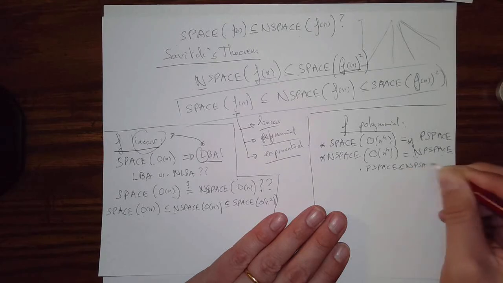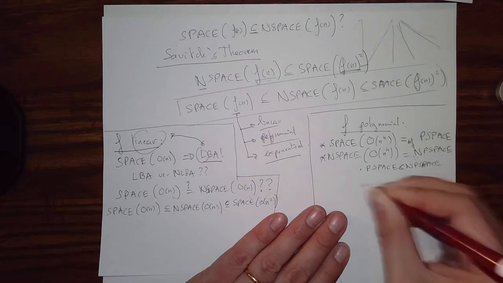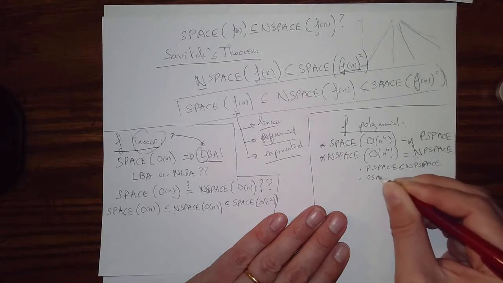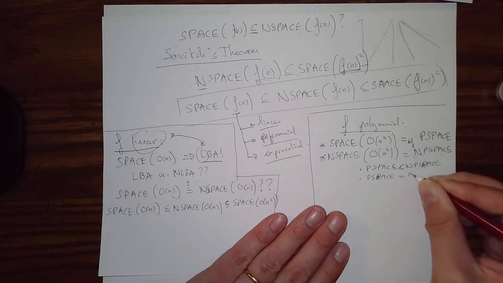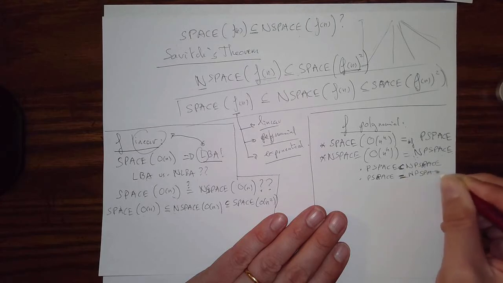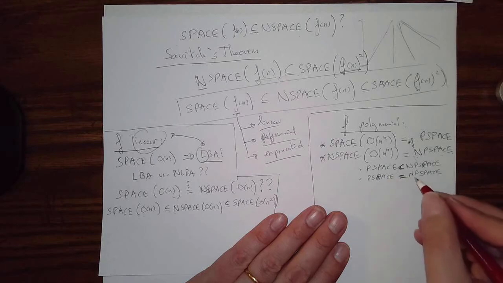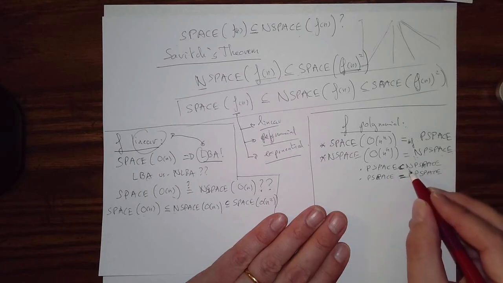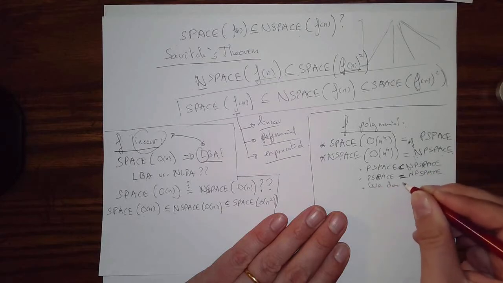So either PSPACE is included in NPSPACE, or they are equal, or again, it cannot be the other way around because N is always at least as powerful as deterministic. Or we don't know, right?